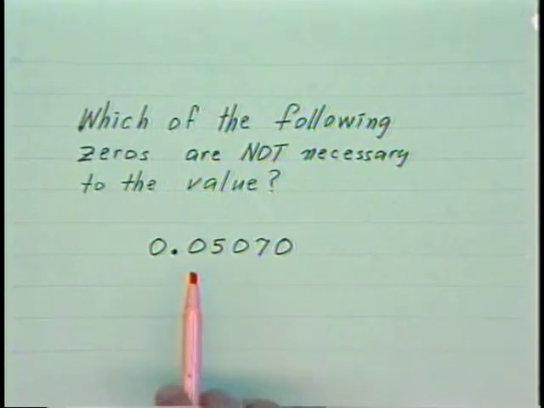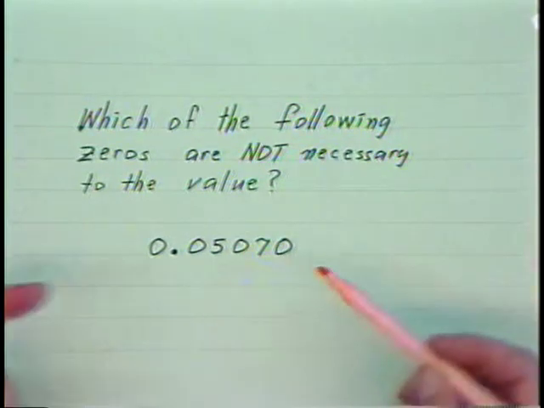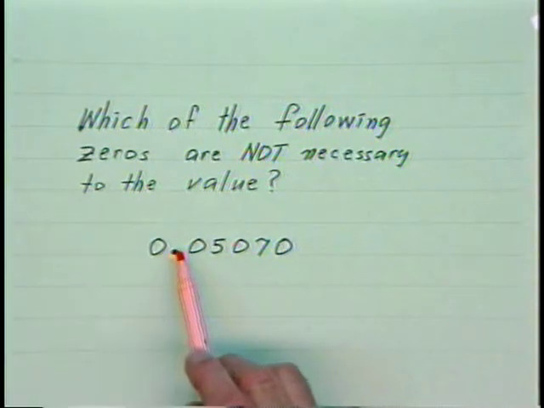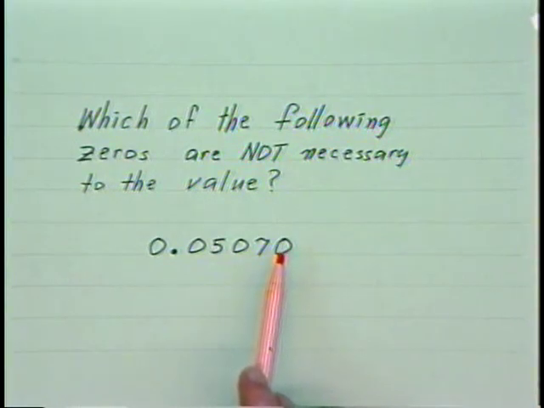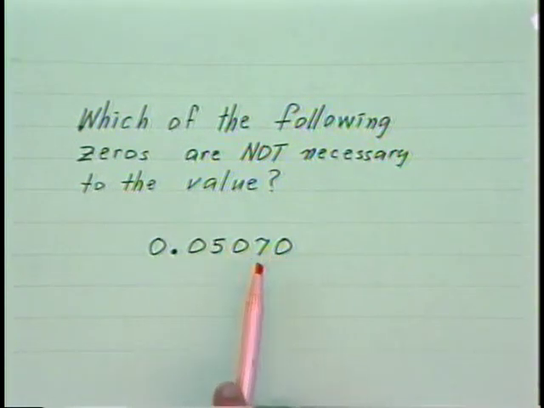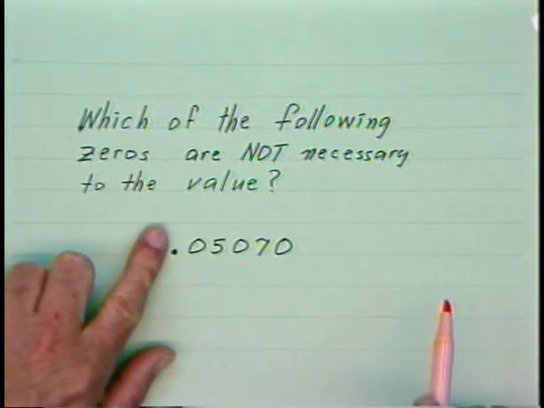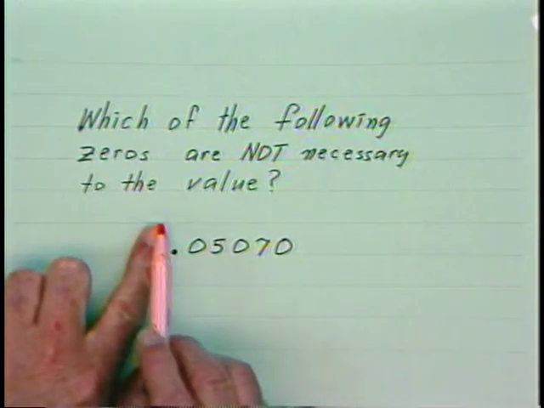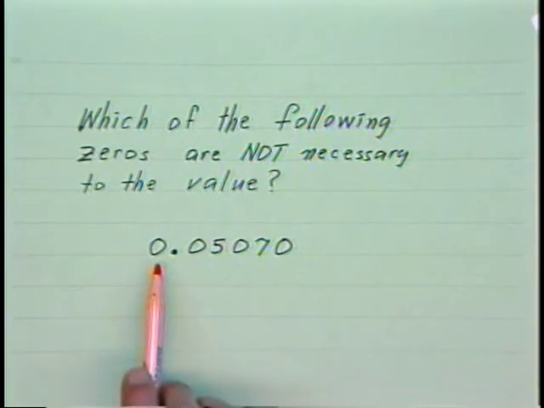Let's play with that idea for a few moments until you become quite comfortable with it. Here you have a decimal number, and our question is, which of these zeros are really not necessary for the value? Now, if I were to throw this one away, we would know that there is no units with or without the zero.